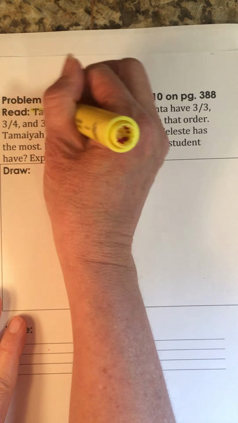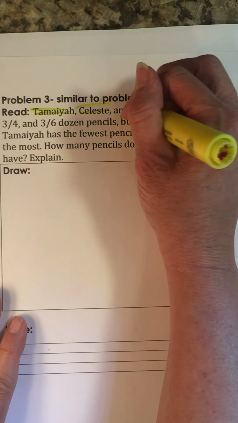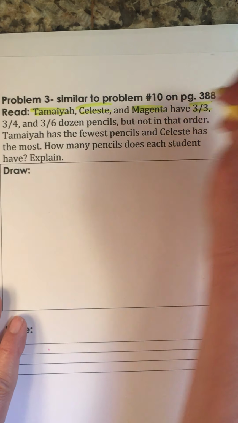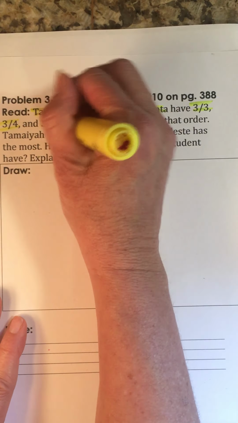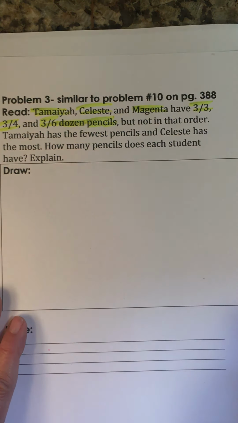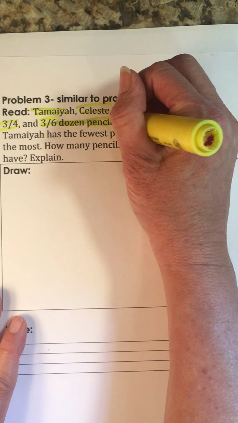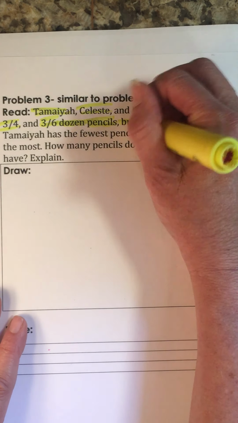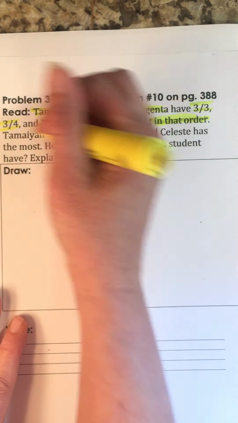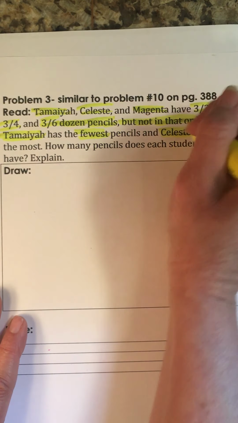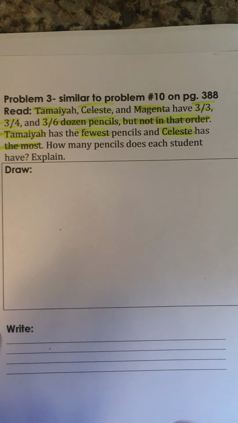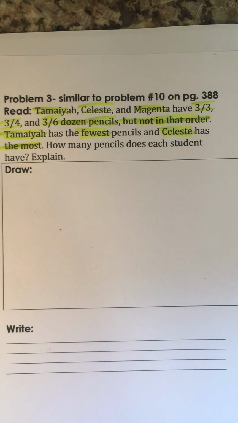So we've got 3 people here, Tamaya, Celeste, Magenta, and they have 3/3, 3/4, 3/6 dozen pencils, but not in that order. Tamaya has the fewest, and Celeste has the most. How many pencils does each student have?